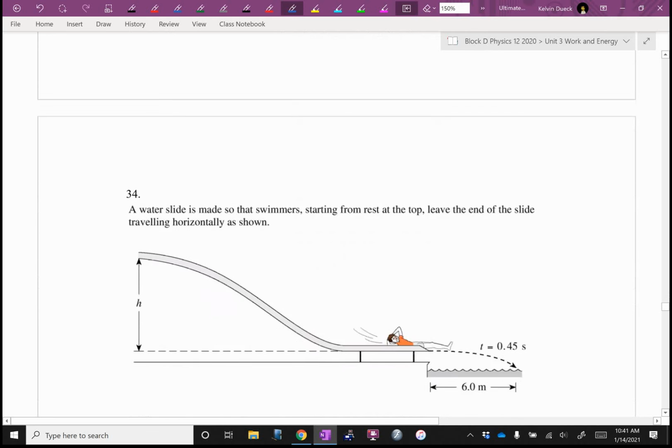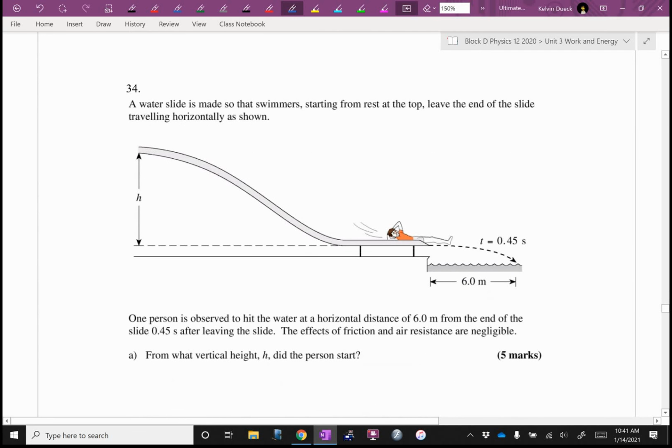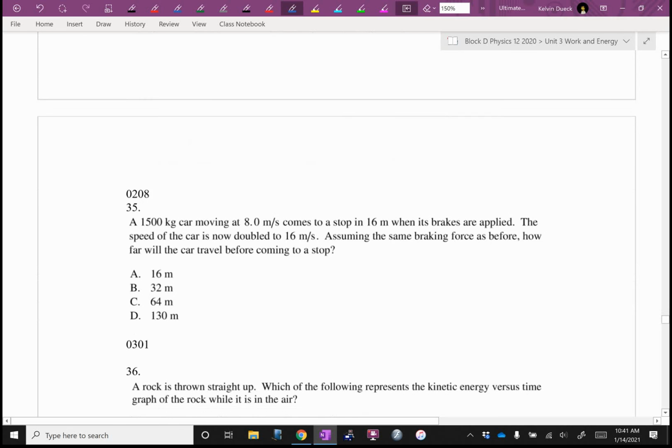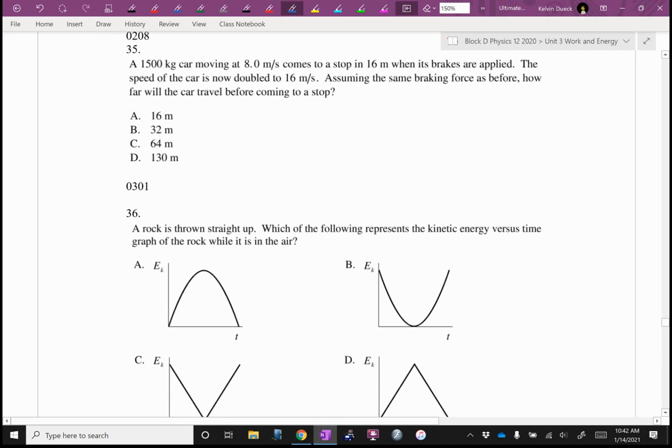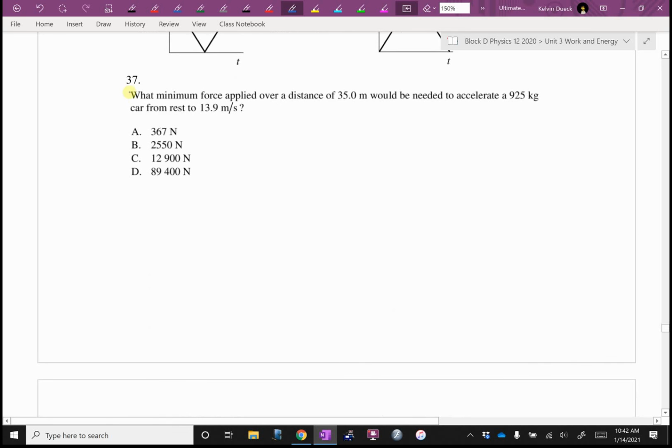Yep. 34 is a little too tough. Did I assign 34 last time? No? Okay, good. Skip 35, skip 36.